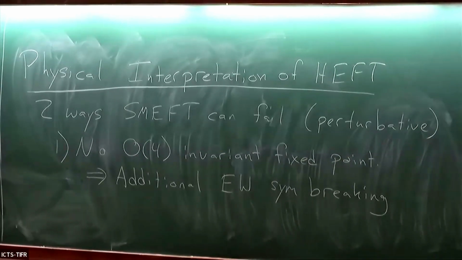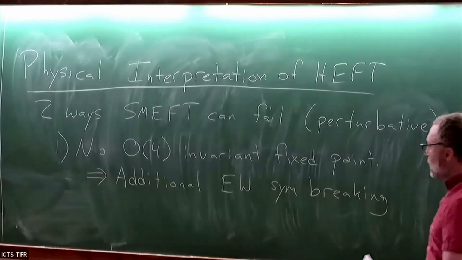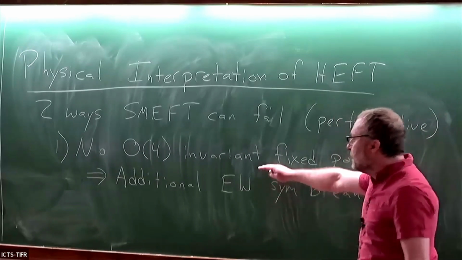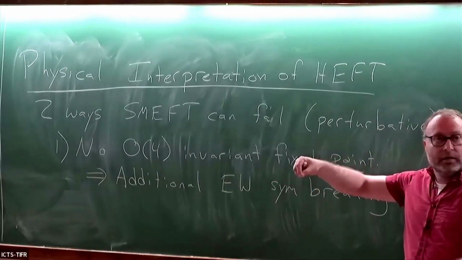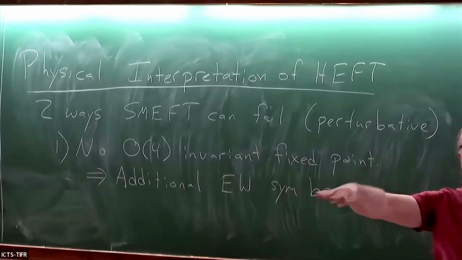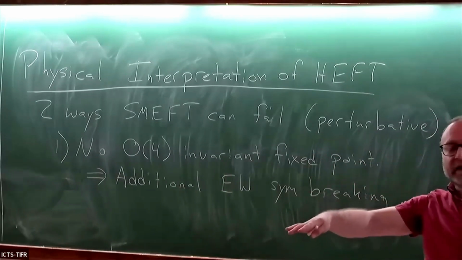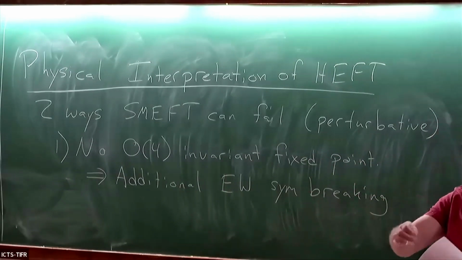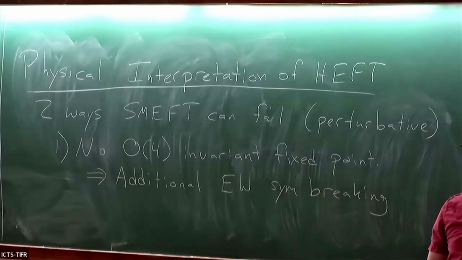There's tricky business in there, but I leave those details to the paper. But physically, this is just saying that there's no point in the manifold, expressed in terms of the Higgs, where electroweak symmetry is restored. So there must be another source of electroweak symmetry breaking. Okay.